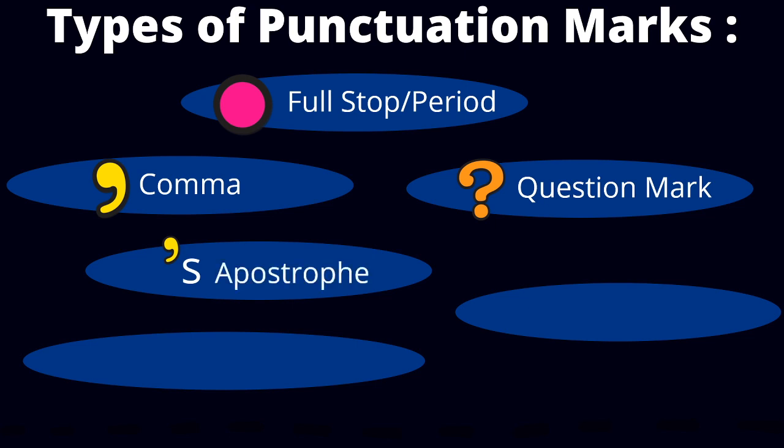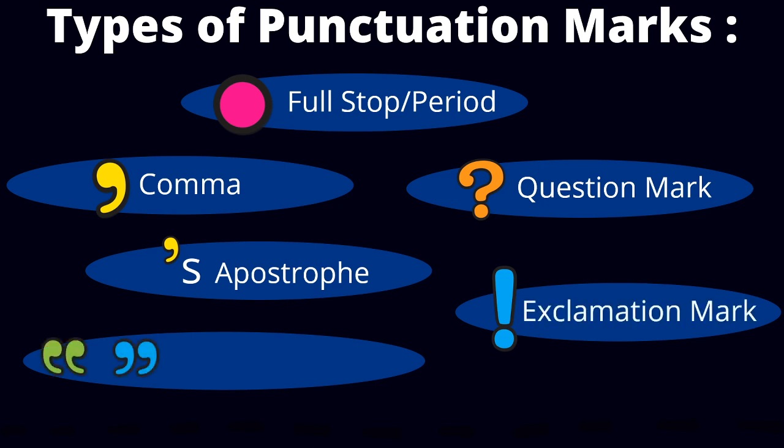This is an exclamation mark. And these are inverted commas, or in other words, they can be called quotes. These are the major punctuation marks that are used to make a meaningful sentence in the written form.